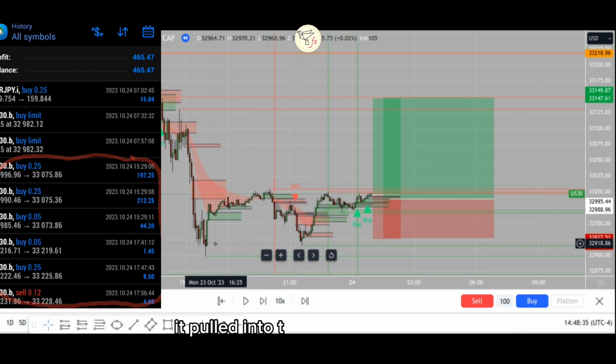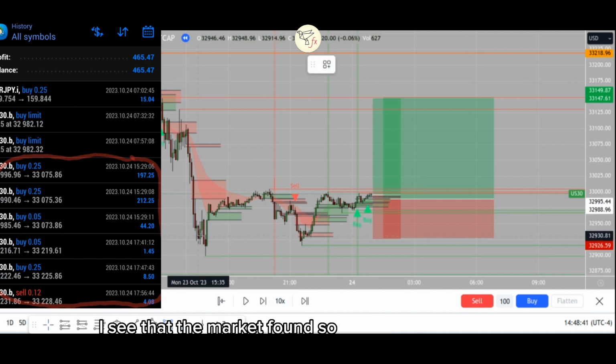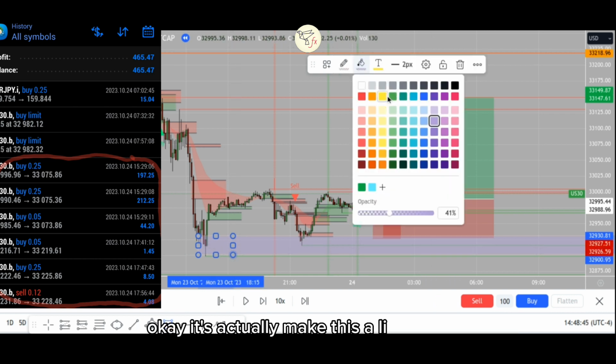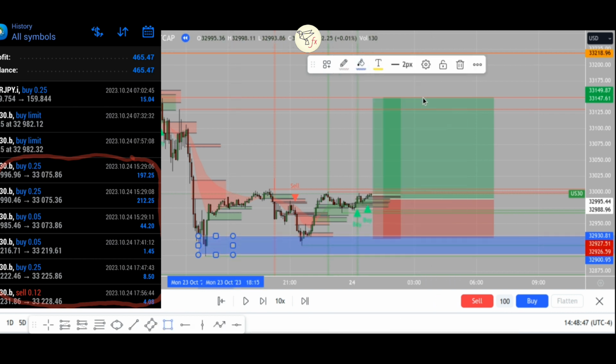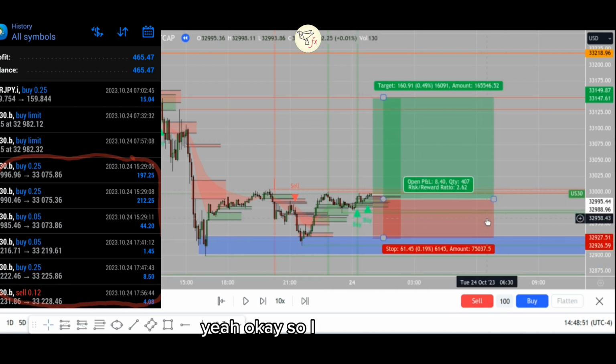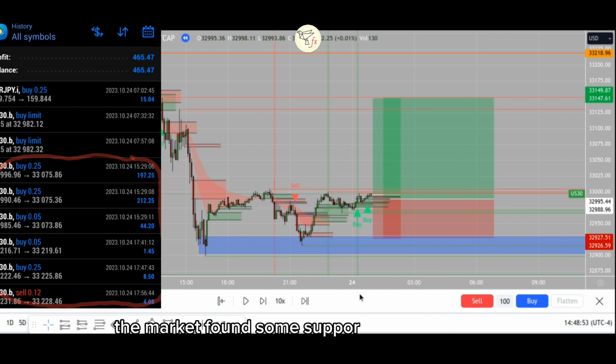It pulled into this order block area, so it found some support. Okay, let's make this a little darker. I noticed that the market found some support down there, right?